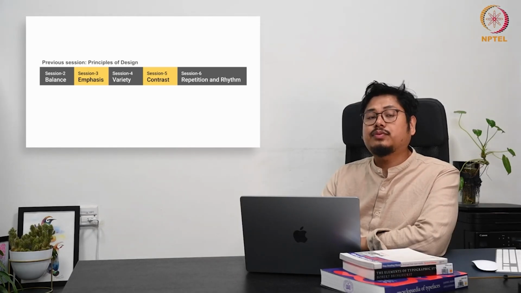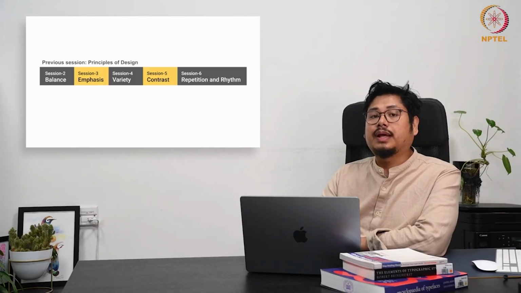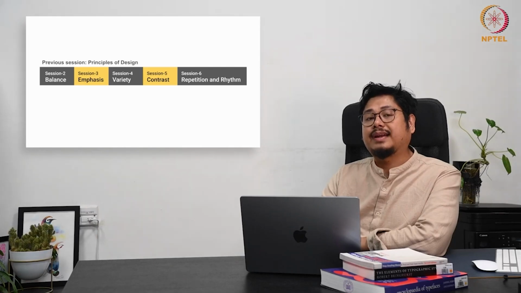In contrast, we also looked into how colors play an important role in creating contrast, and shapes and sizes too, and with contrast, how the idea of legibility, composition, and hierarchy plays into a better representation.